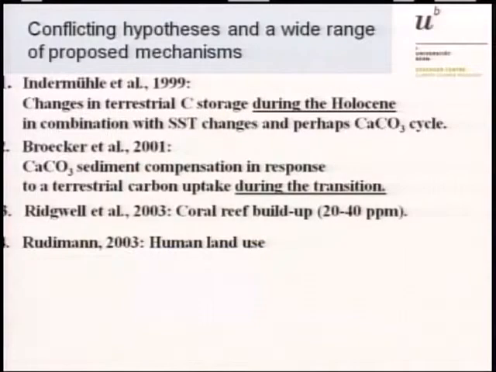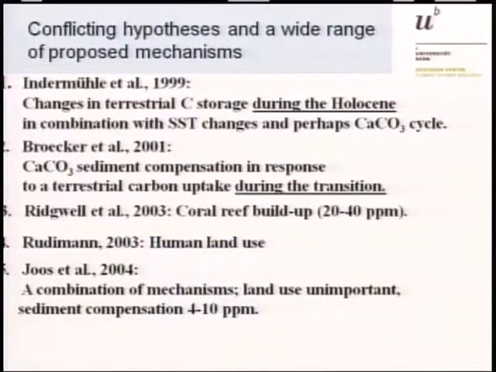Andy Ridgwell and others suggested that coral reef buildup contributed greatly to the observed fluctuation. They suggested something like a change in the order of 20 to 40 ppm, so much higher than actually reconstructed, and a radically different view was taken by Bill Ruddiman, who suggested that human land use caused the CO₂ rise and prevented us from plunging into a new ice age.